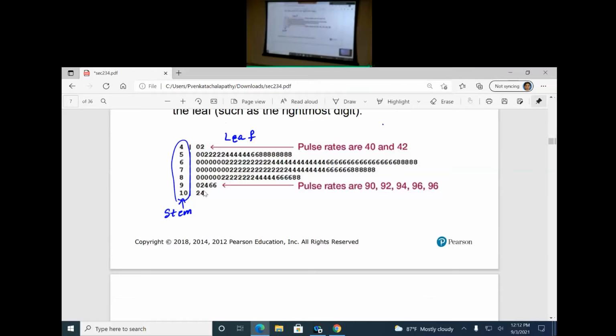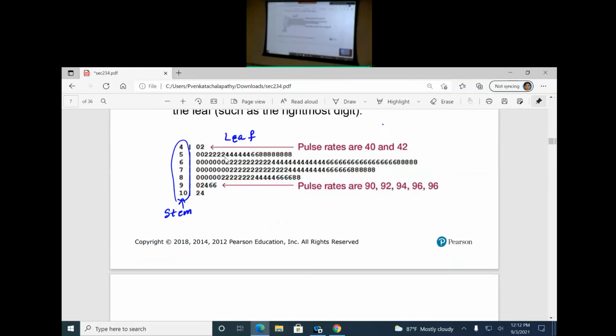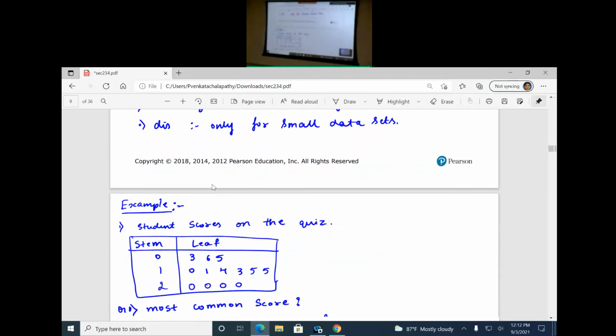Okay? In a stem plot, the data values will always be in order. Fine? And disadvantages, again the same thing. We only use this plot for a small data set. We cannot keep on writing this for a large number of data sets. So that's the main disadvantage.